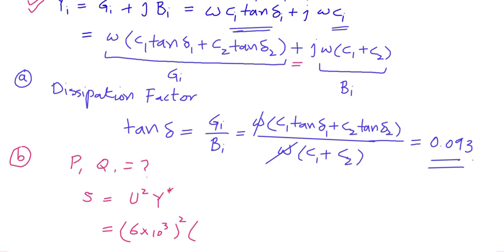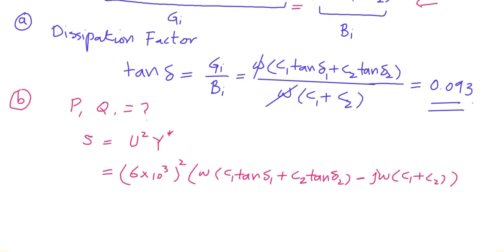So that will be omega C1 tangent delta 1 plus C2 tangent delta 2 minus j omega C1 plus C2. I just wrote the same expression but inverted the sign of the imaginary part.